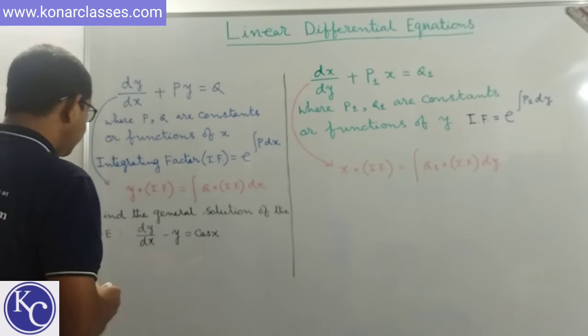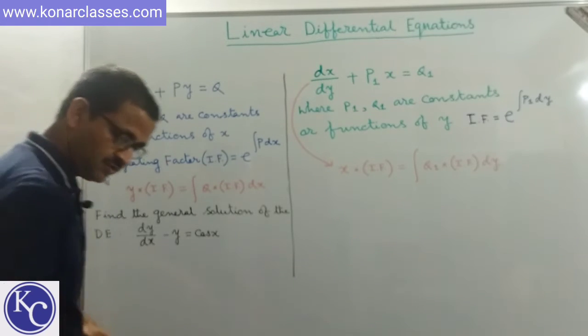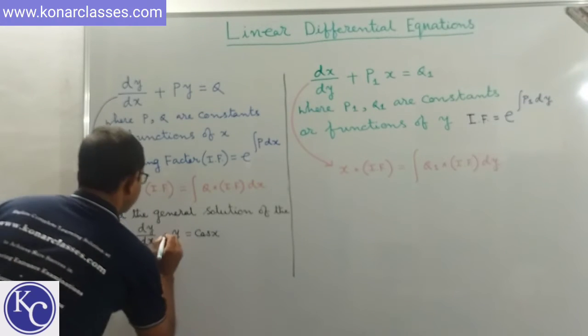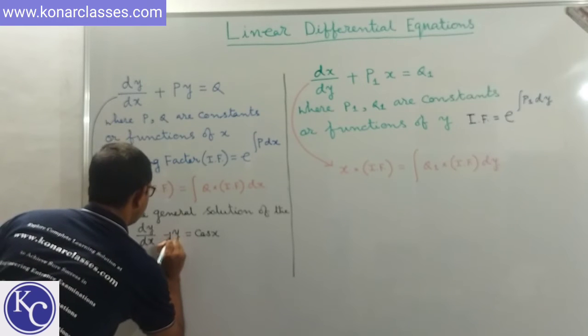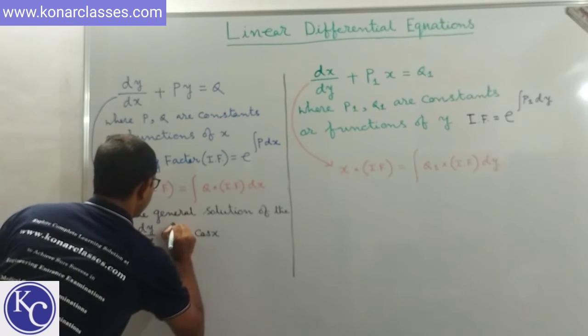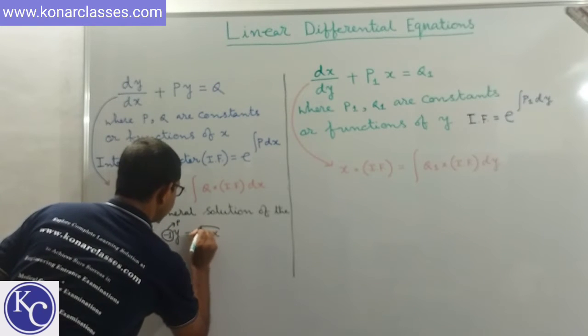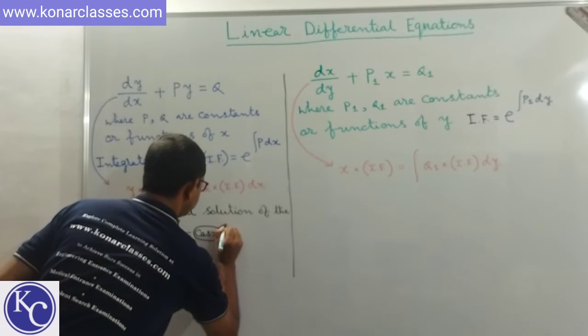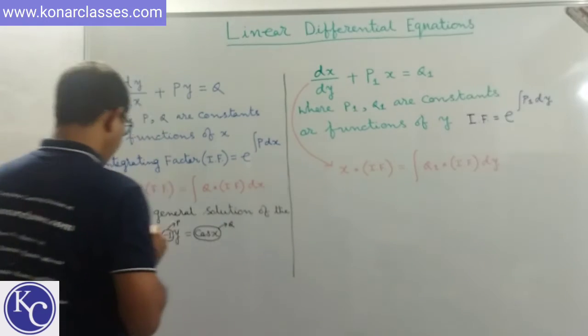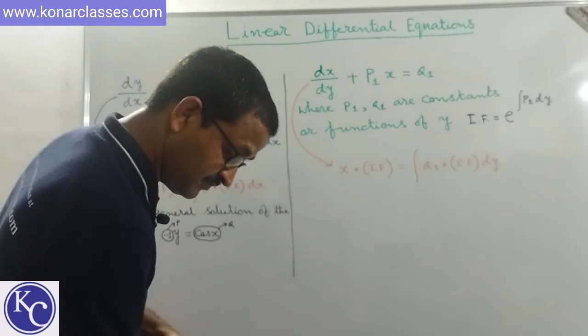So what is the integrating factor? Let me write it down very clearly here. Nothing is there, that means we can assume it is minus 1, which is like p, and this cos x is like q. Then what is the integrating factor?